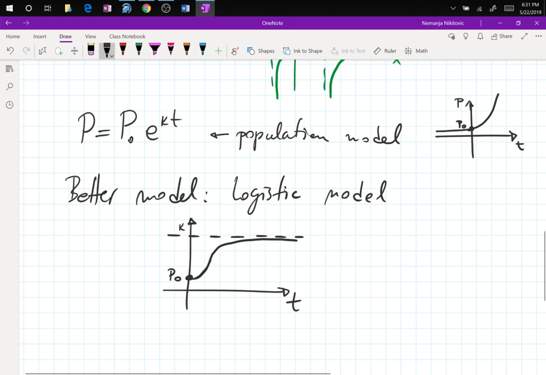So there is this carrying capacity for everything, and that would be the maximum amount of people that can get sick, the maximum population that the planet can carry, the maximum population of rabbits that you can have until there is no more vegetation. Whatever concept you're talking about, it is today's lecture: you take the limit. Now, this is going to play a big role in differential equations if you take that class, to take the limit as your time or x goes to infinity, to check for validity of your model.